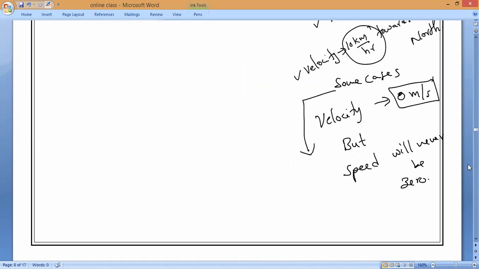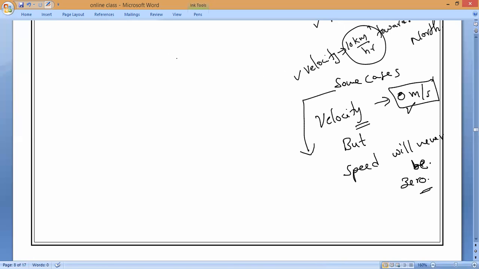When the situation comes, I will explain. So keep it in mind that velocity will become zero in certain cases, but speed, what will happen, guys? Speed will never be zero. Is it okay, guys? Yes, sir. Why, sir? Because velocity is having direction. So at a particular direction, velocity will become zero. I will tell you when the situation comes.